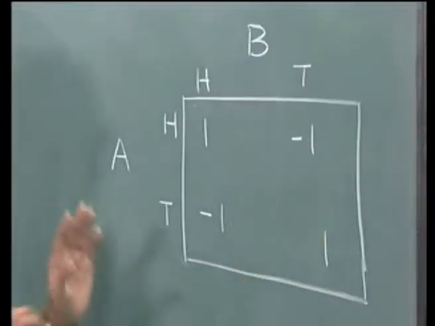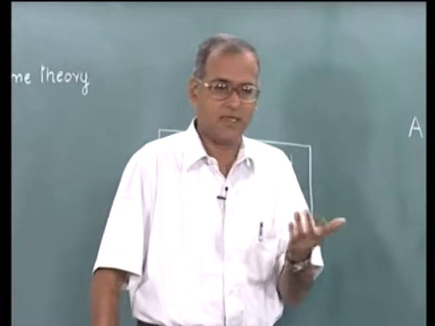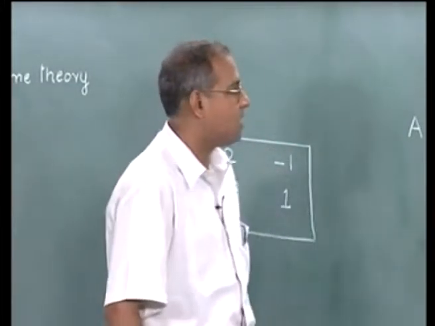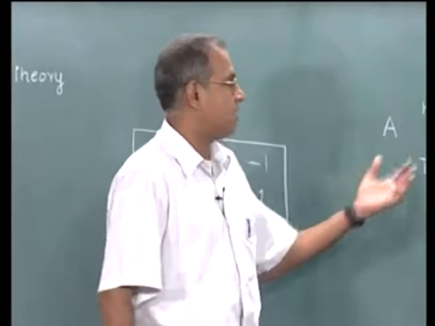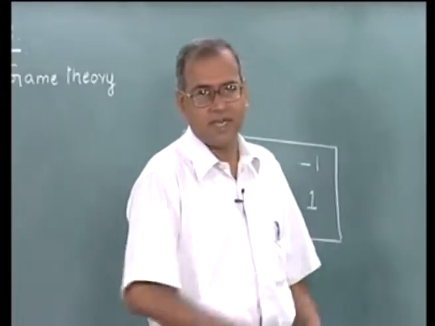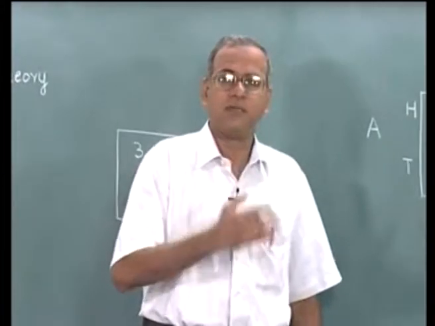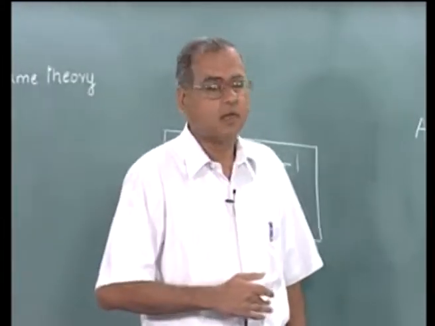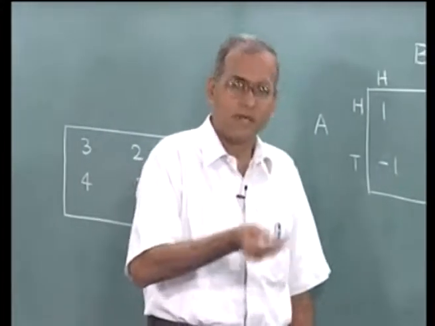Now, the question is, when this game is being repeated several times and it is a zero sum game, which means some person's gain is the other person's loss and so on, at the end of the game there will be an expected profit for A or it can become a loss for A. Now, we are interested in finding out what this expected profit or loss for A is going to be, knowing fully well that profit for A is loss for B and so on.